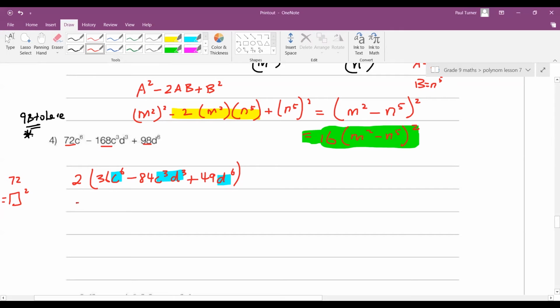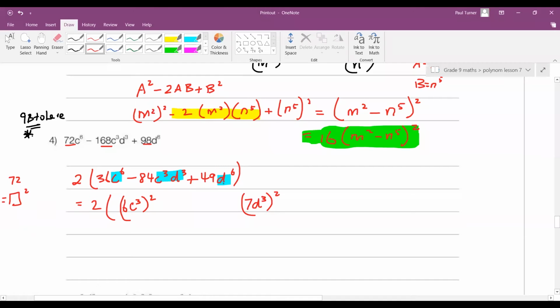So here we've got 2. 2's can be left alone. And 36C6, you could write that as 6C3 squared. We need to do that first. So make this a power 2. The last one is also power 2, which would be 7D3 squared.